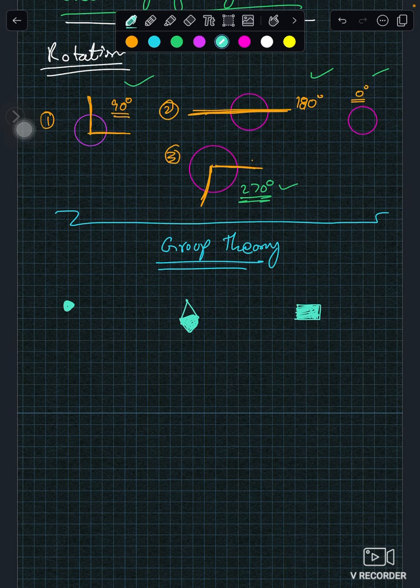Okay, so using this group theory, I will be defining what we call state rotation.